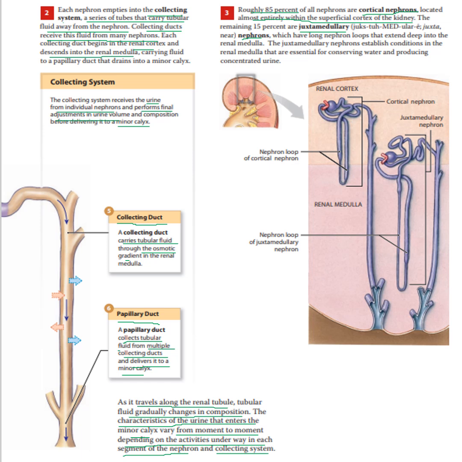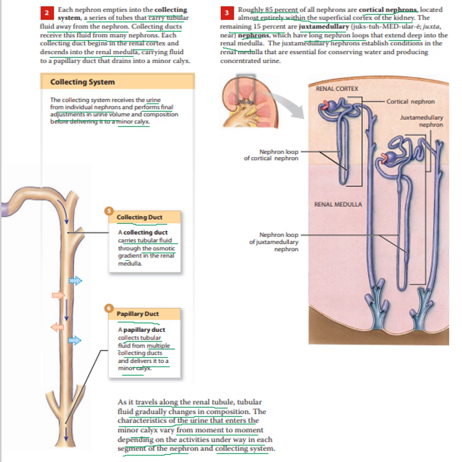The remaining 15% are the juxtamedullary nephrons, which have long nephron loops that extend deep into the renal medulla.